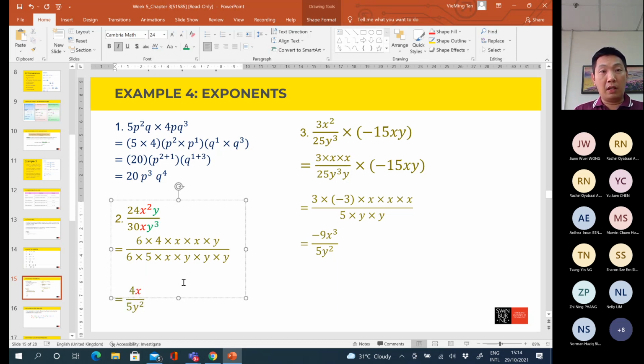In fact, I can simplify like this as well. 24 divided by 30 is equal to 0.8, if I want to leave the answer in decimal number. 4 divided by 5 is 0.8. X power 2 divided by x power 1 is x power 1. I think I use formula better.